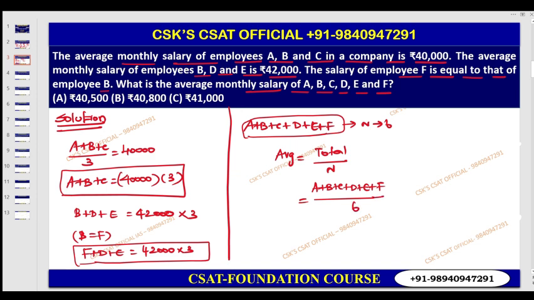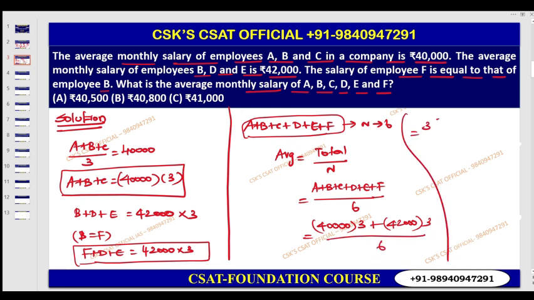Please understand here, 6. Now A plus B plus C itself is 40 into 3. Here D plus E plus F is nothing but 42000 into 3, by 6. Let me take 3 as common. Then if you add up, this becomes 82k.